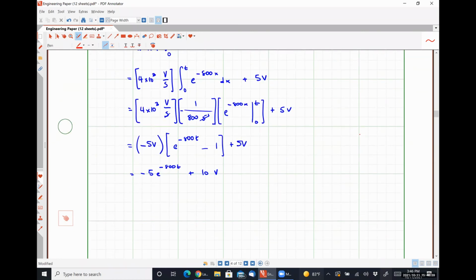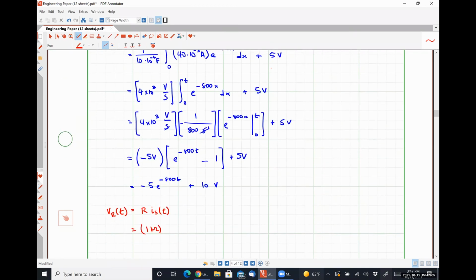So we can come down here and we can say that VR of t is equal to R times IS of t. Absolutely correct, right? So that's going to be 1 kilo ohm, I believe, times 40e to the minus 800t milliamps. So what should that be?